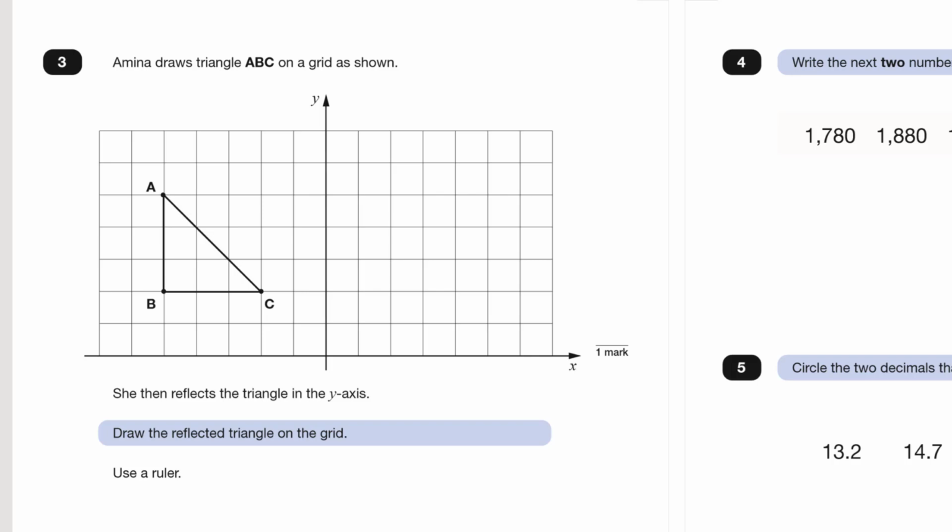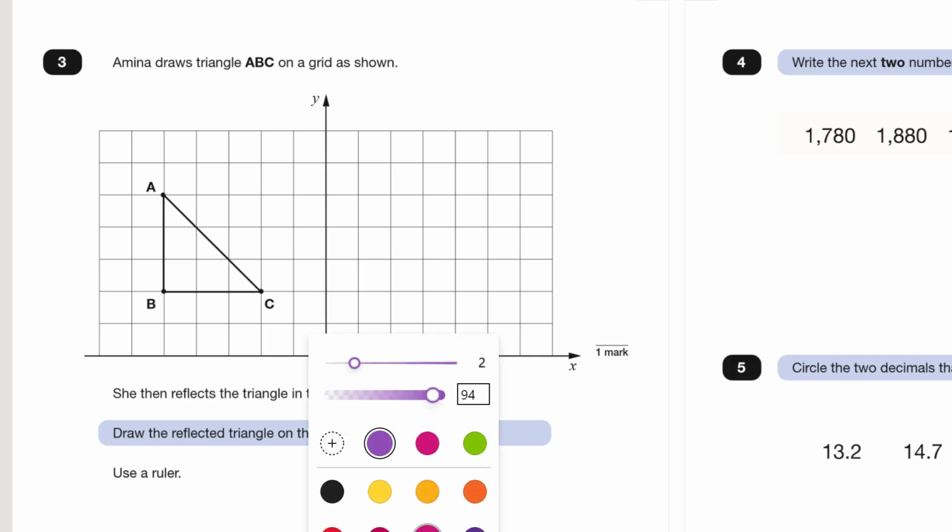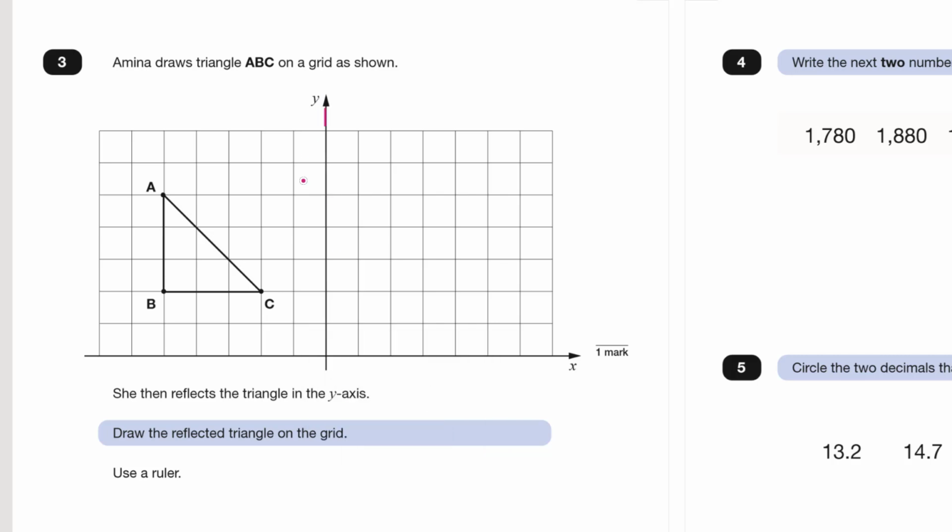So if I just draw this mirror line in a different colour so that it stands out, like so. We're using this as a mirror line. When we are reflecting, we are simply going to make sure that each vertex is the same distance from the mirror line on both sides.